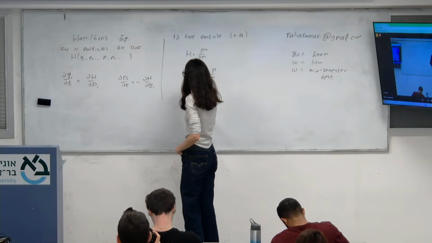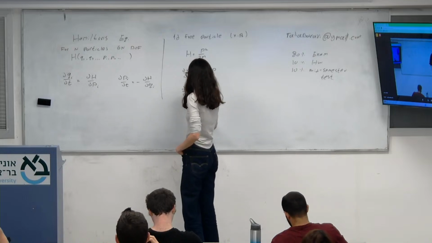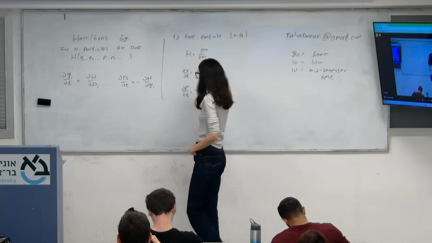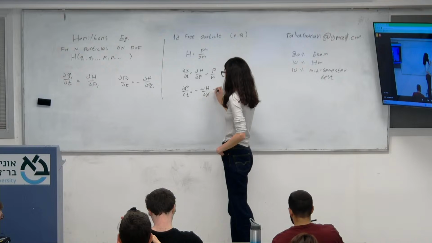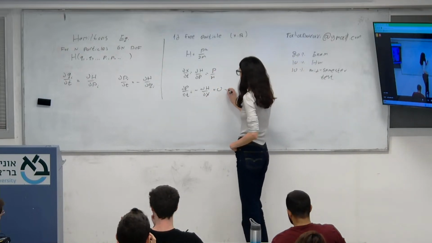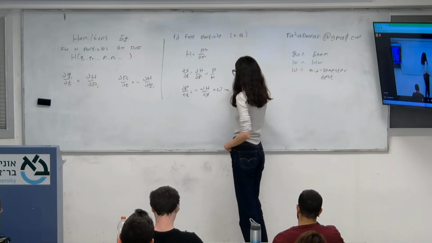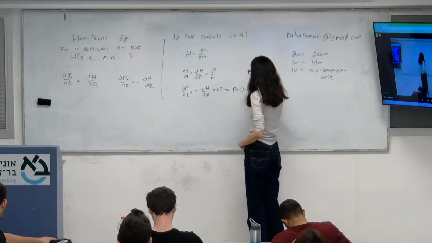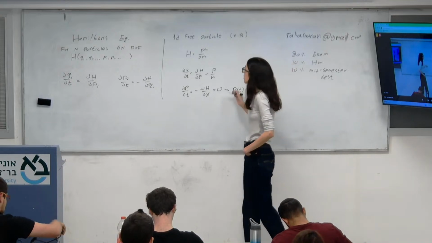And the derivative of the momentum with time is equal to minus the derivative of the Hamiltonian with x, which gives 0 because the Hamiltonian does not depend on x. And then the momentum as a function of time is a constant. We call it p0 because why not?